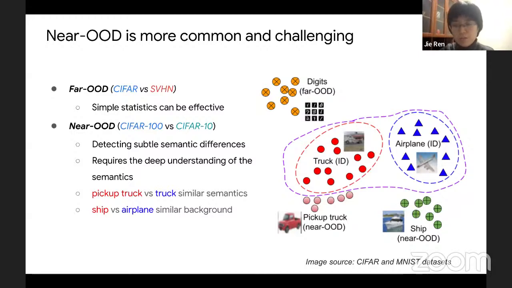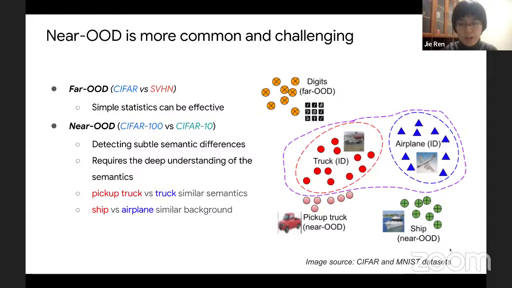Otherwise, the model may be confused by the blue background shared by both. This latter type of out-of-distribution data we call near-OOD tasks. This is more challenging, but actually more common in real applications.